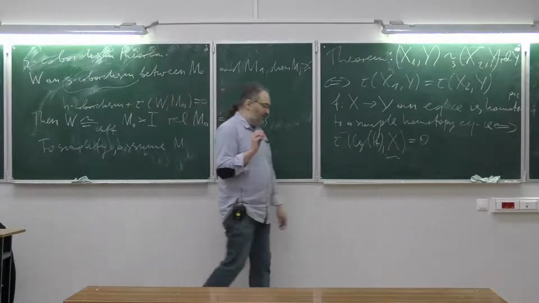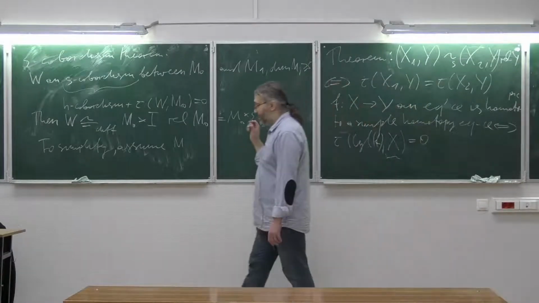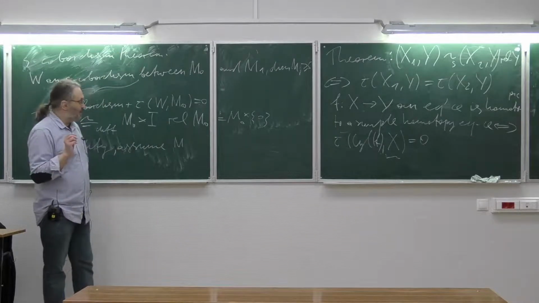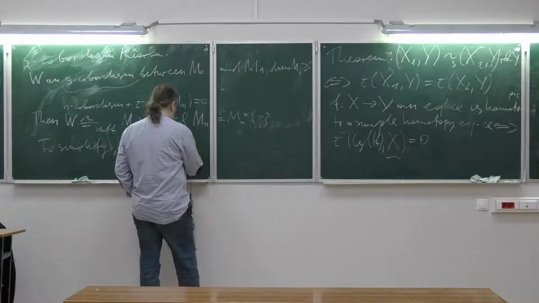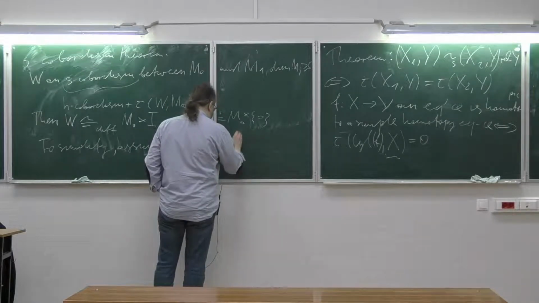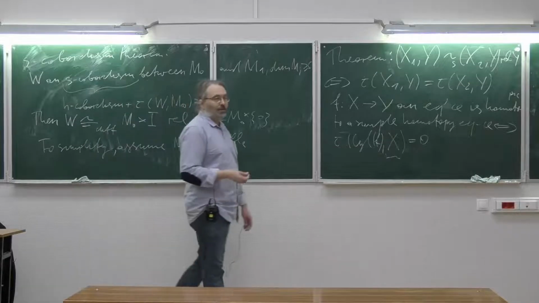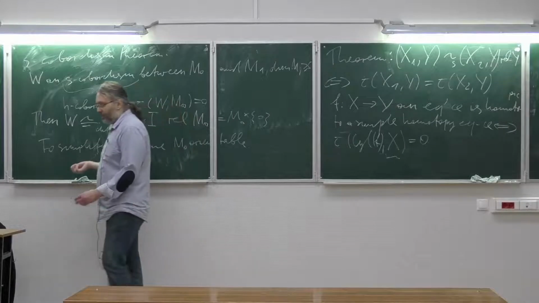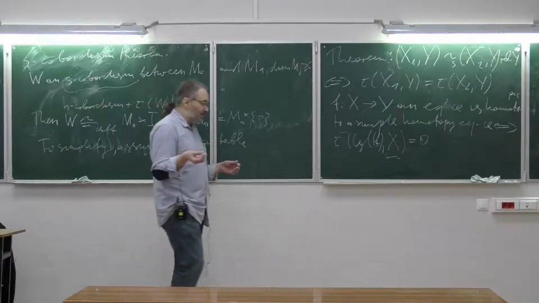And I want to make some simplifying assumptions. Namely, I want to assume M naught orientable because I will shortly want to calculate the intersection indices of various things.